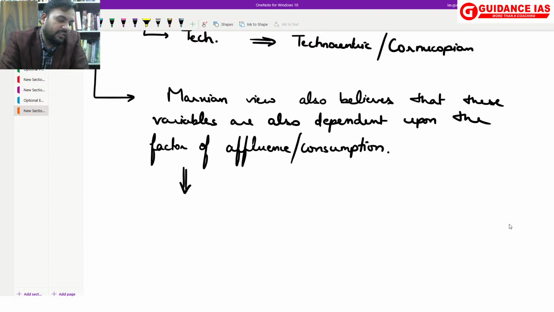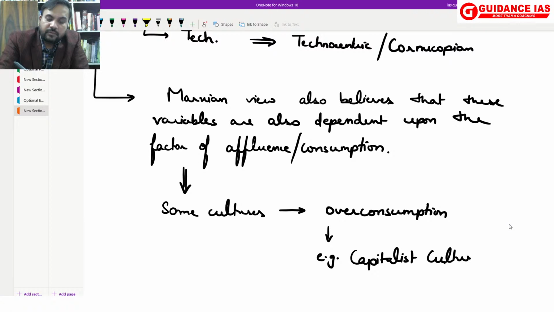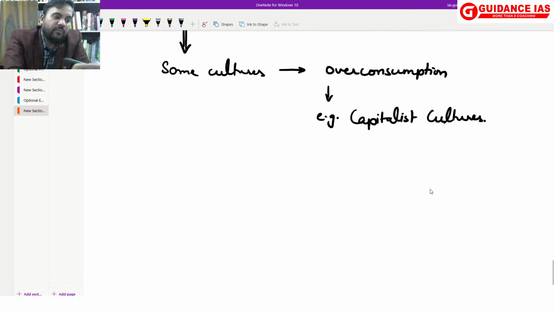There are some cultures which cause over consumption. For example, the capitalist cultures. And in them what is happening?